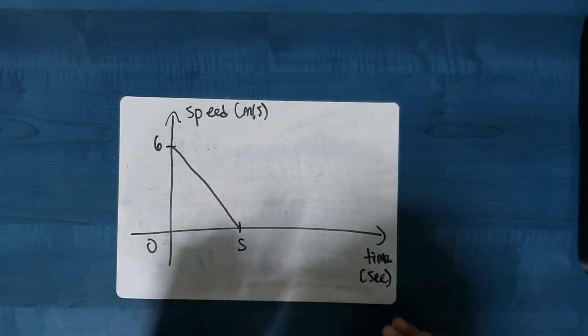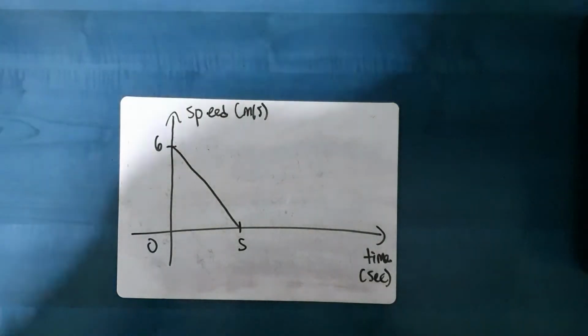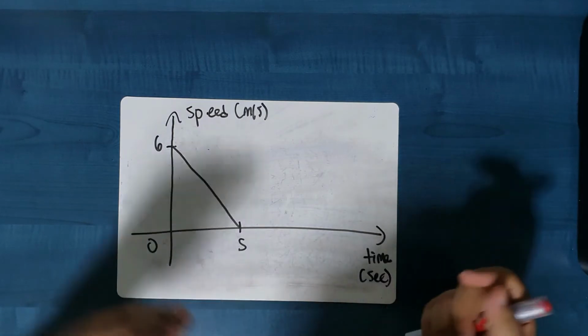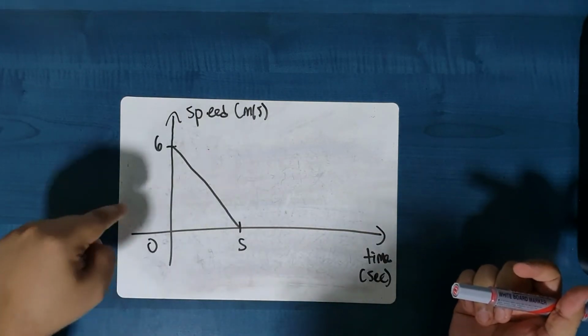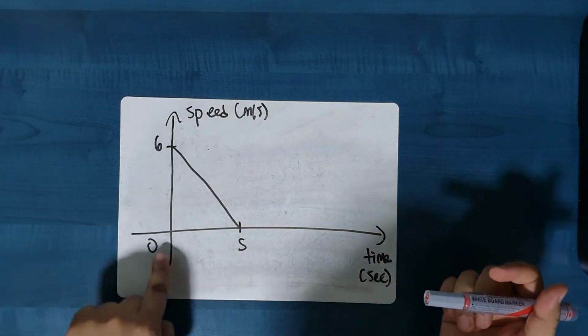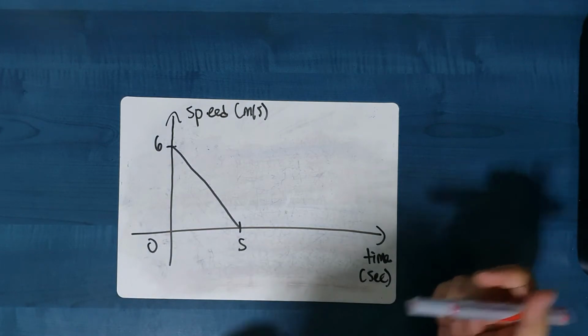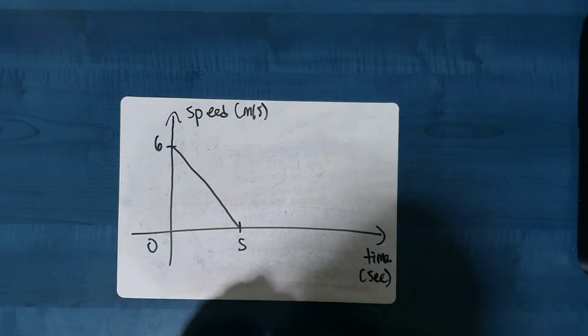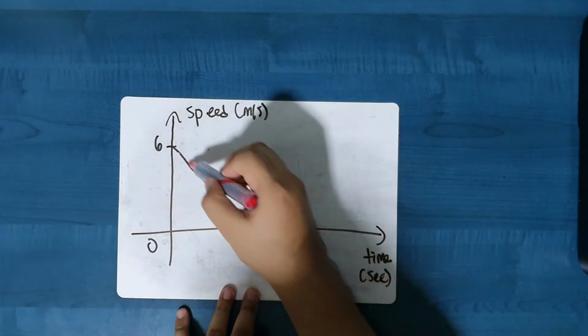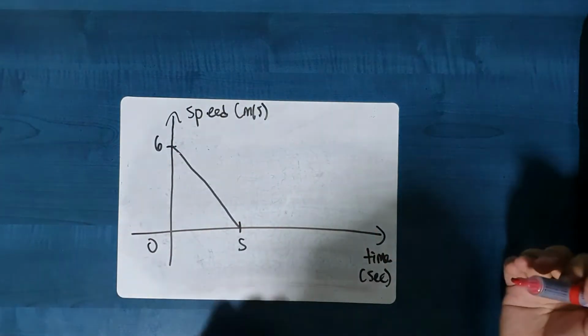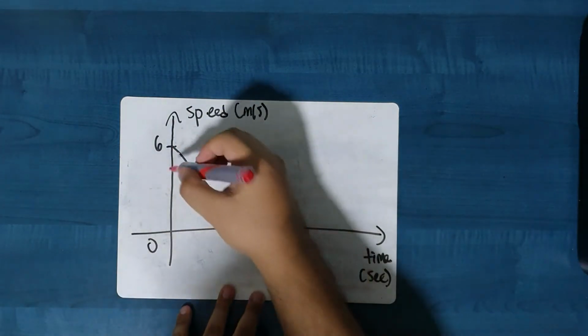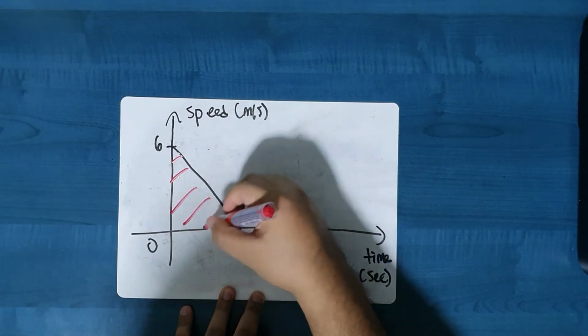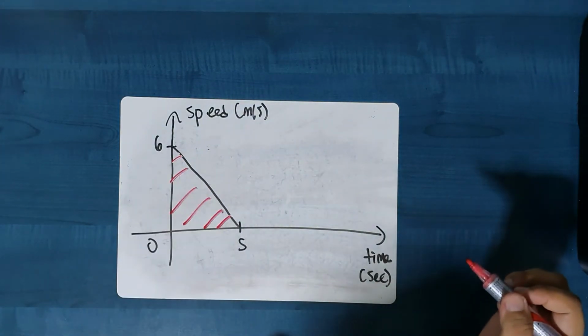Now, if we apply the same idea here, how do I find the distance covered by this moving object in the first 5 seconds? It is just the area between the line and the x-axis. So where is that? It is this region, which is the triangle.